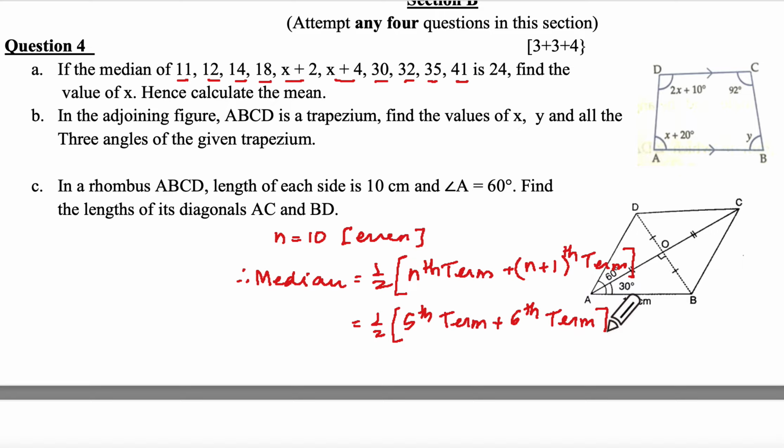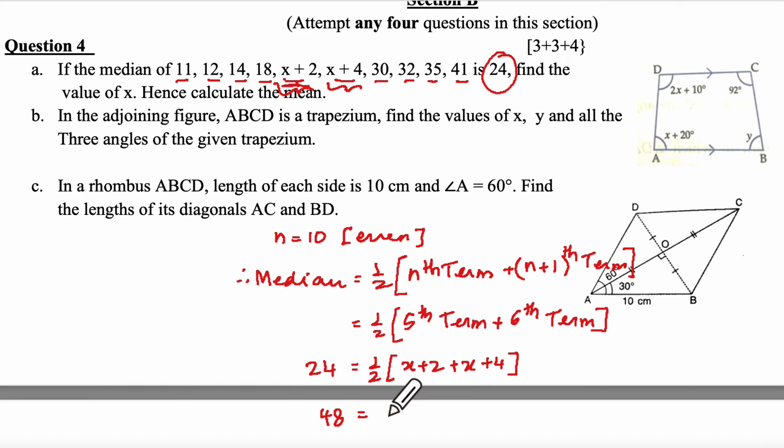Can you see that? 1, 2, 3, 4, 5. Whenever they give you this x, they will always be the middle two terms. So the fifth term and the sixth term give you this, and they are saying the median is 24. So 48 is equal to 2x plus 6. Can we proceed? Tell fast. We can do it, right?